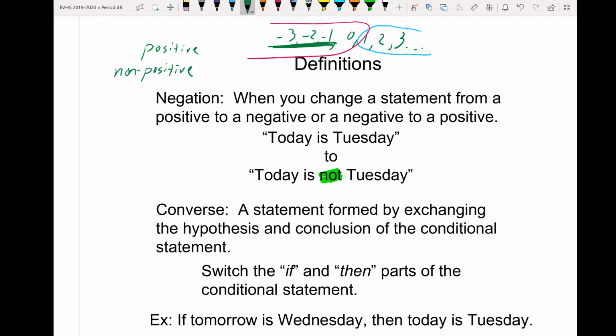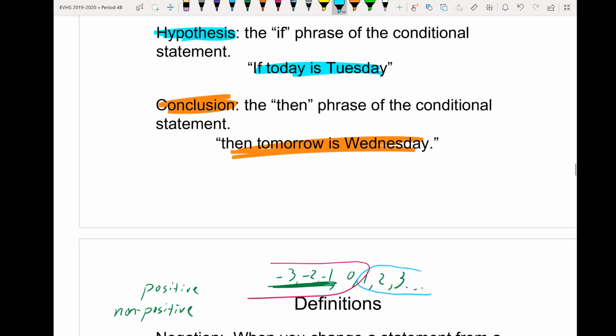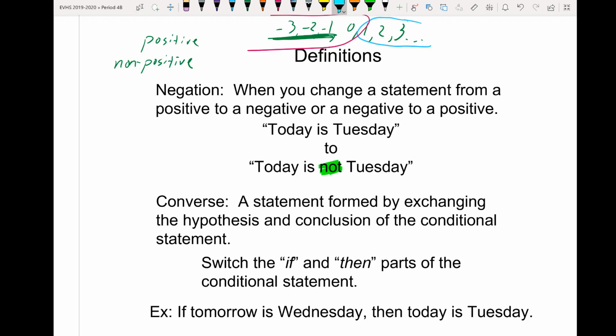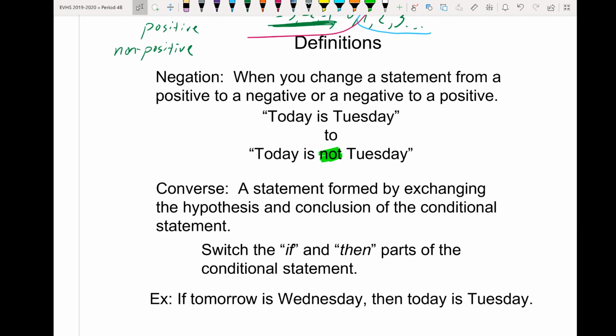Just be careful. All right, converse is where, let me remember my colors here. Okay. We switch the if and the then portions. So notice how today is Tuesday went to the back and tomorrow is Wednesday is now at the front.